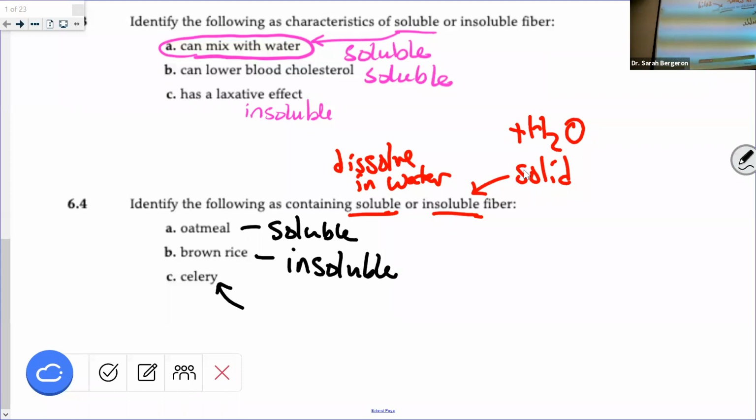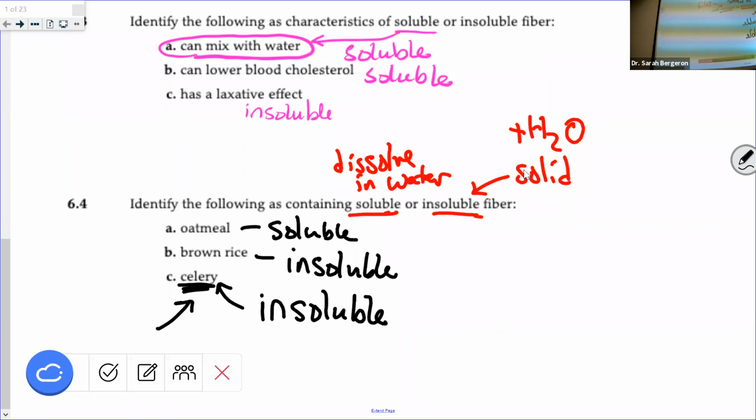And then celery? Insoluble. And celery wasn't listed explicitly in the textbook. What did it say in the textbook? It said vegetable stalks, and that's what celery is, the stalk of a vegetable.